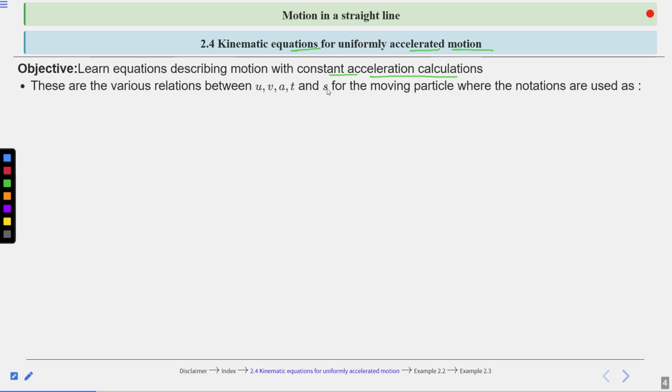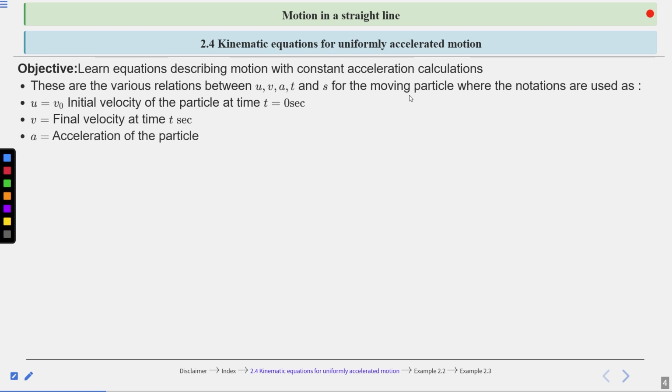So there are some symbols and various relations between u, v, a, t and s for the moving particle, where the notations are used as follows. First, small u, or small v naught, is the initial velocity of the particle at time t equal to 0 seconds. Small v is the final velocity at time t seconds.